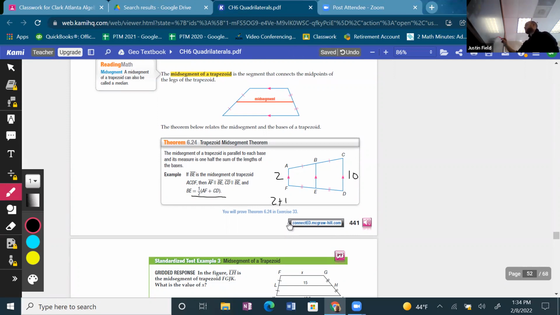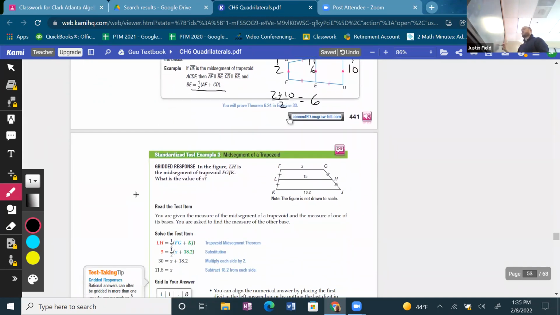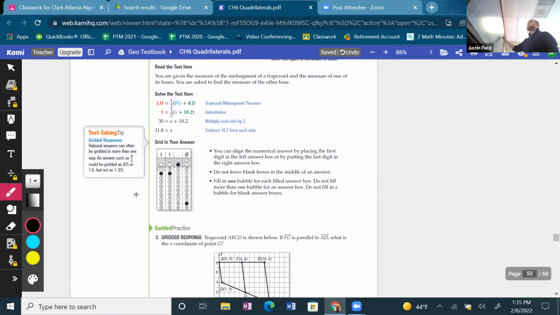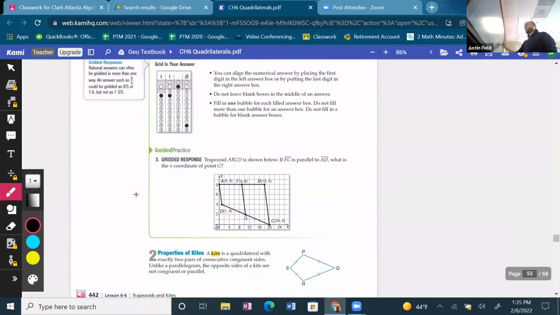We add 2 plus 10 and divide it by 2, so it's 6. You can see it like that too. You add by the same amount. So you can do lots of mid-segment questions, and we can do some mid-segment algebra.